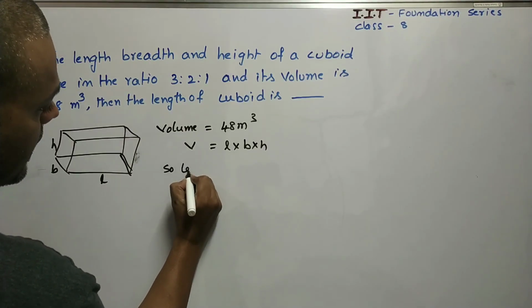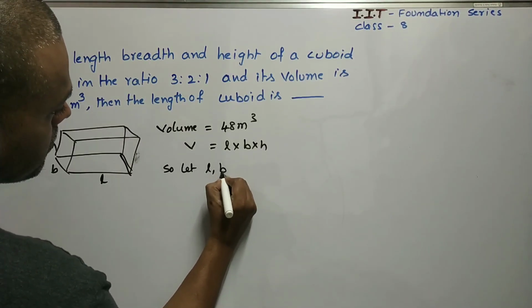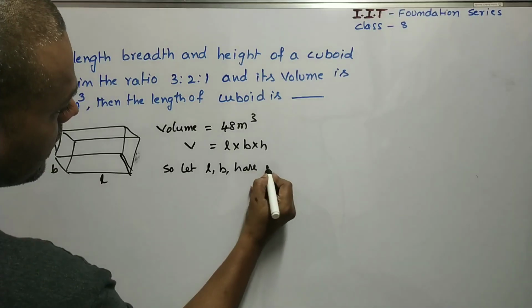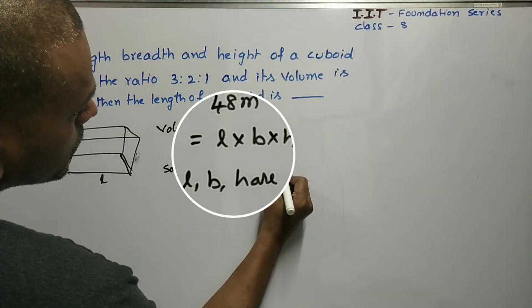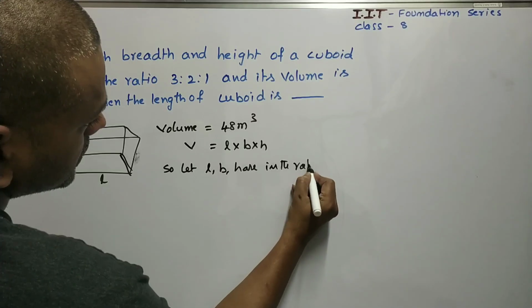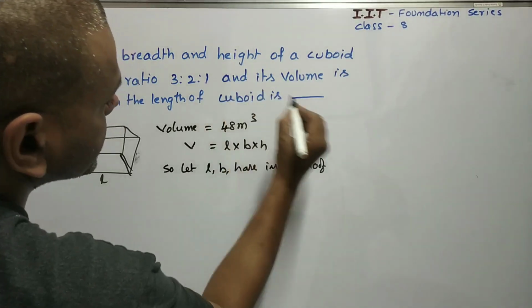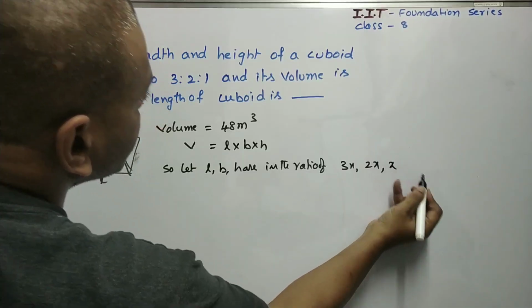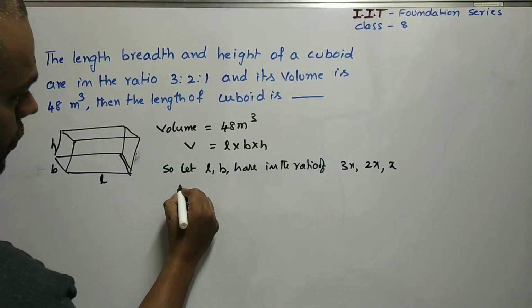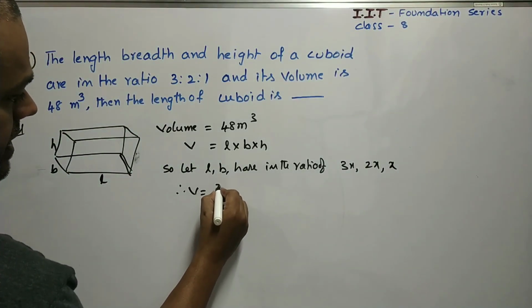So let length, breadth, height be in the ratio of 3x, 2x and x respectively. Therefore, what is the volume of the cuboid?